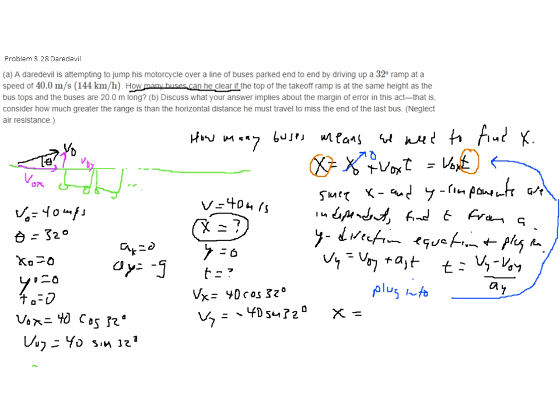So X equals V0x, that's just from right here, times T, which is Vy minus V0y over A sub y.